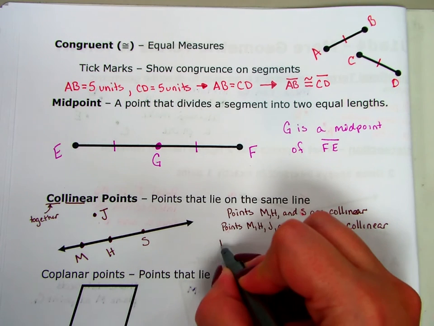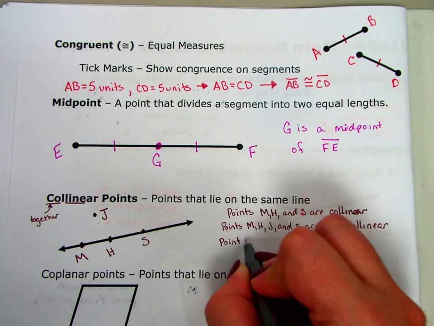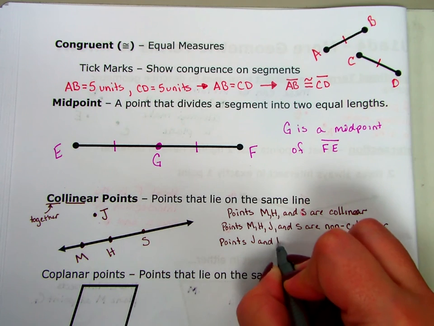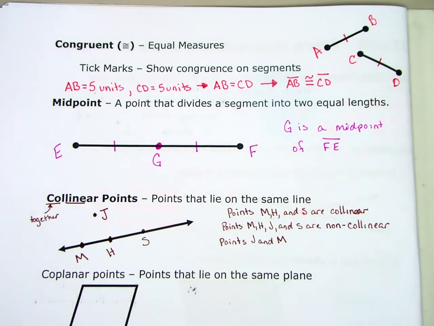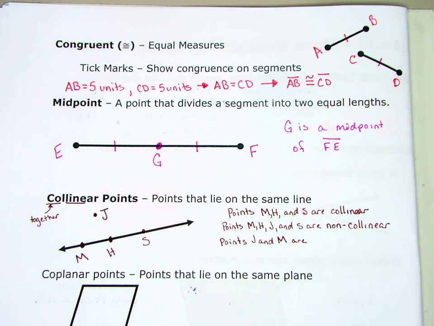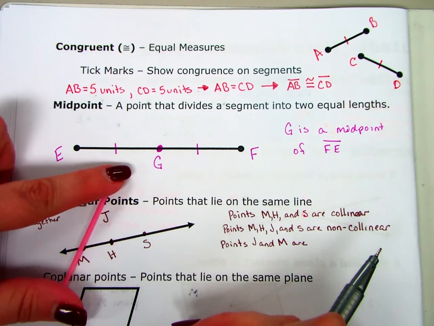What about points J and M? Are they collinear or non-collinear? Collinear. Why are they collinear? Because there's an invisible line there.